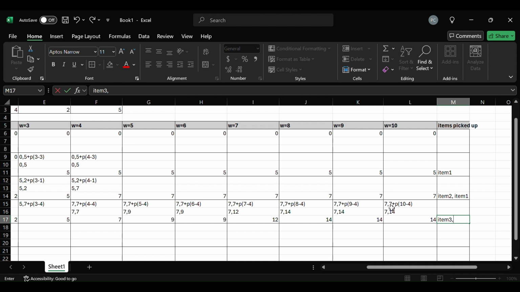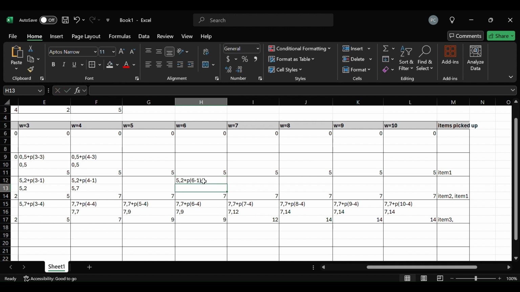And it is item 3 plus the remainder P of 6. Okay, so P of 6 here is 7, right? And this 7 here is 2 plus P of 6 minus 1, right?